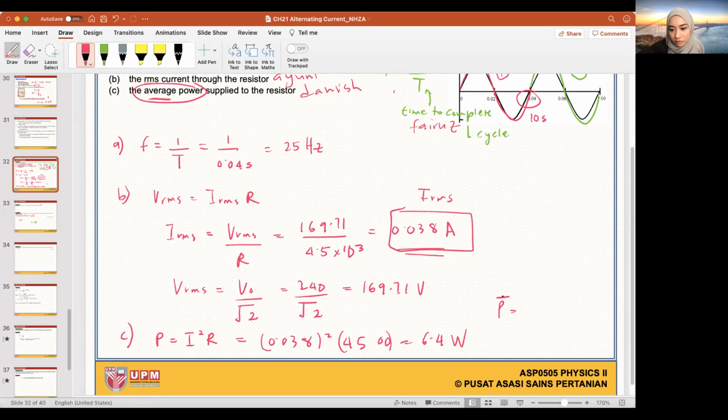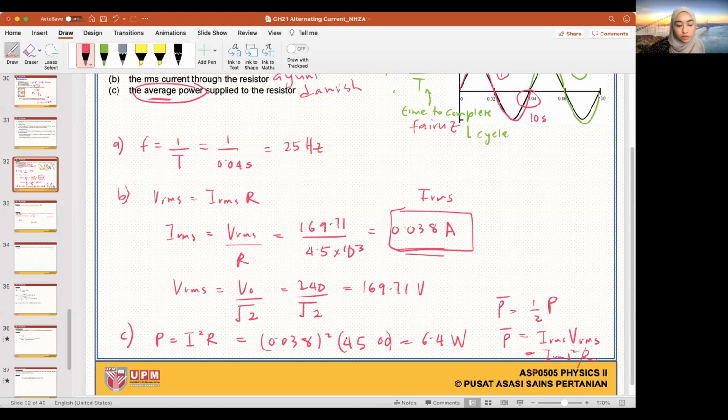P average looks like 1/2 P, or P equals I RMS V RMS, or I RMS squared times R, or V RMS squared over R.